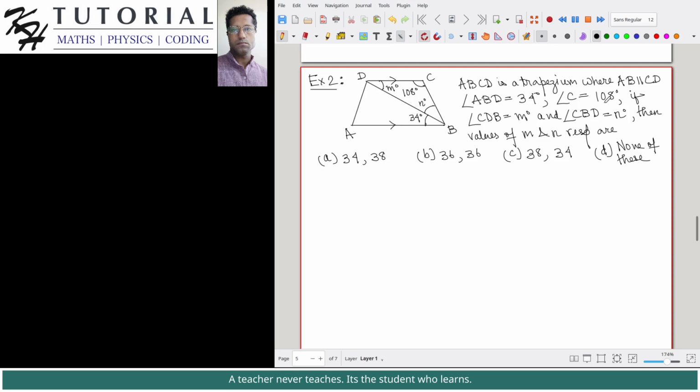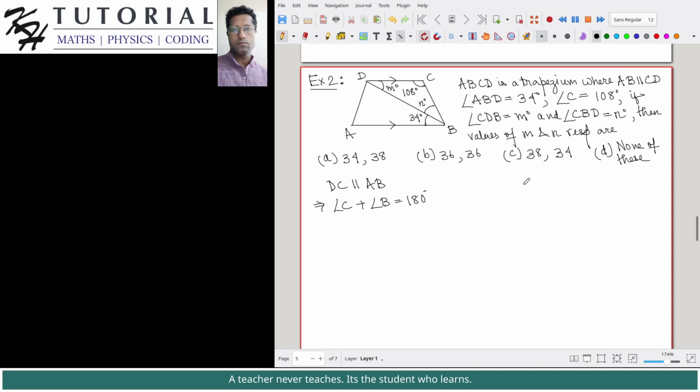Okay, so this is a trapezium. Since this is a trapezium, it is given that DC is parallel to AB. This will imply that the co-interior angles, angle C and angle B, will sum to 180 degree.